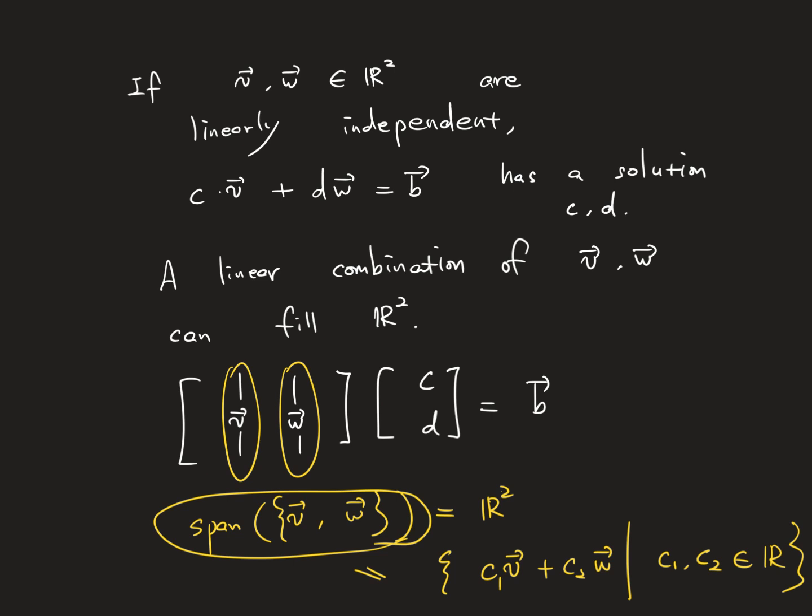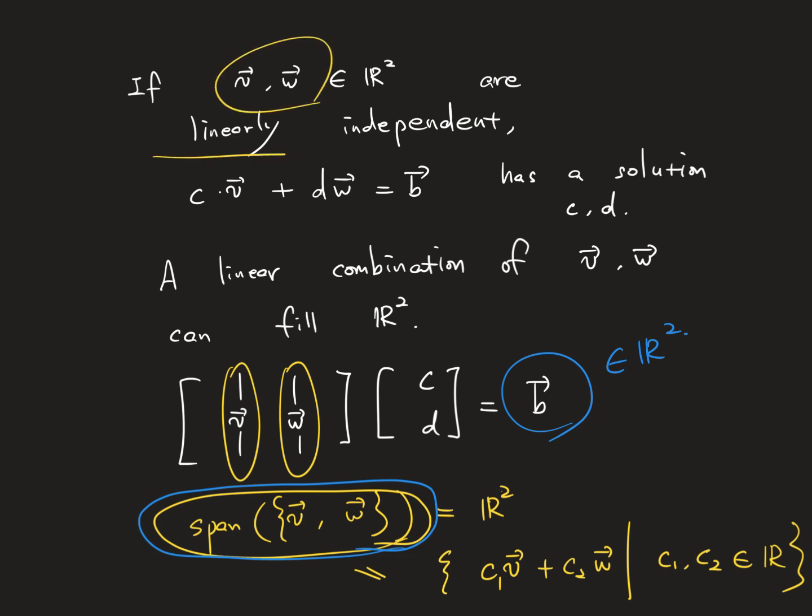When I write a span, the definition of the span is all the vectors generated by V vector and W vector. Any vector B is in R2, and we can generate any vector in this case if V and W are linearly independent.